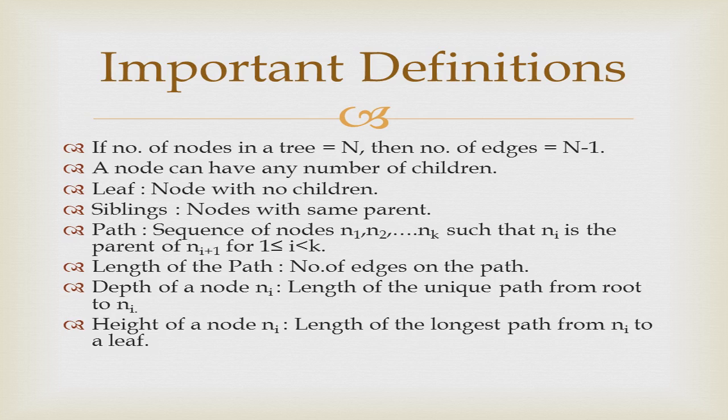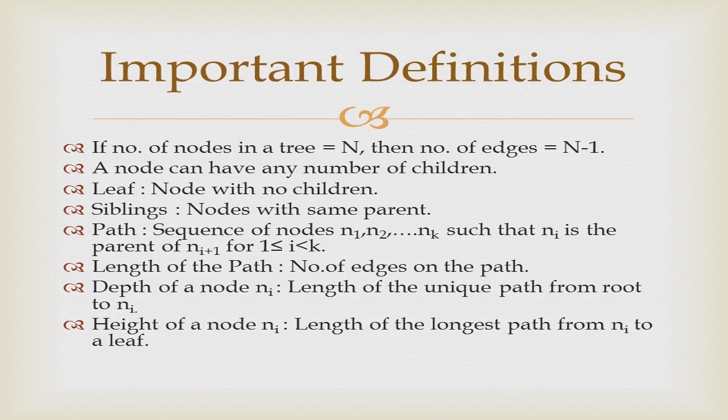What is the meaning of the length of a path? When a path consists of a series of nodes, the length of the path is the number of edges on that particular path. Two more important definitions: what is meant by depth and what is meant by height?